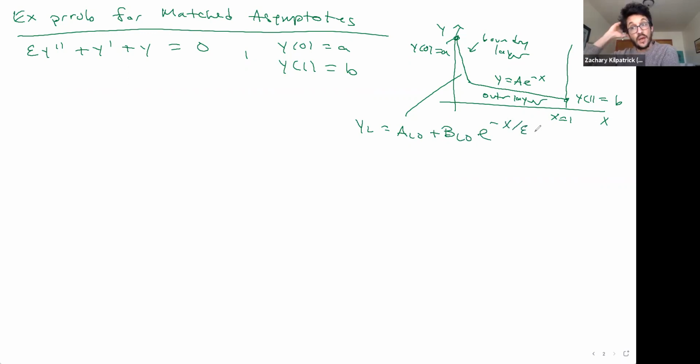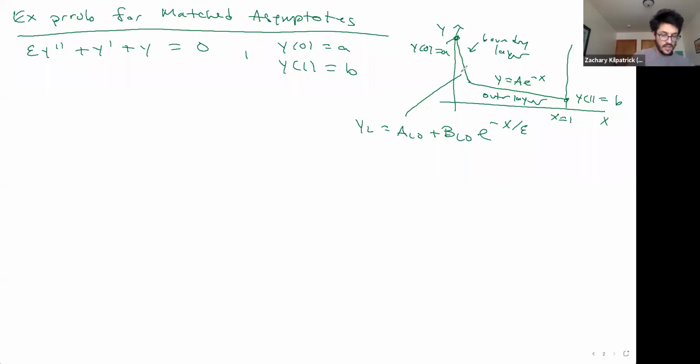And this inner layer here gives us these compressed coordinates that allow for this rapid change to happen in the solution, such that we match that boundary condition.